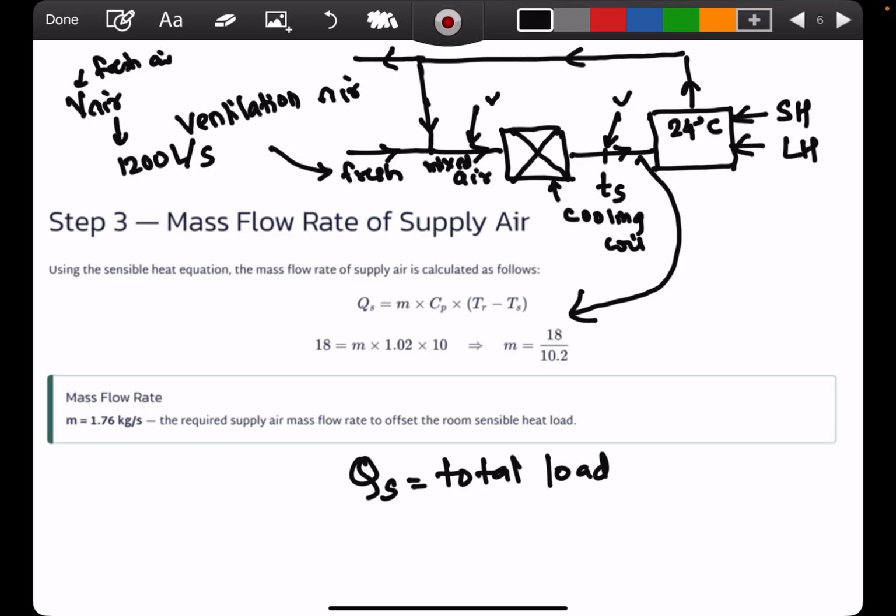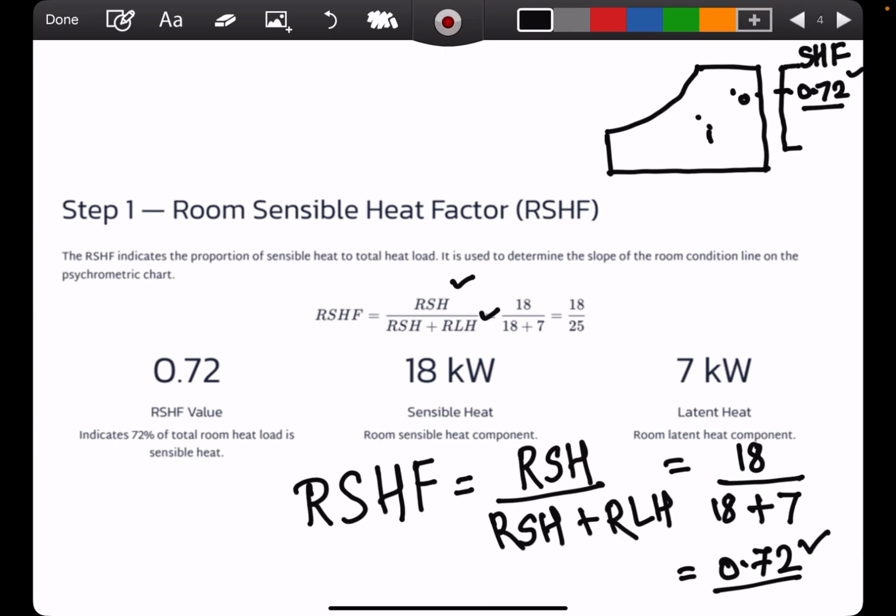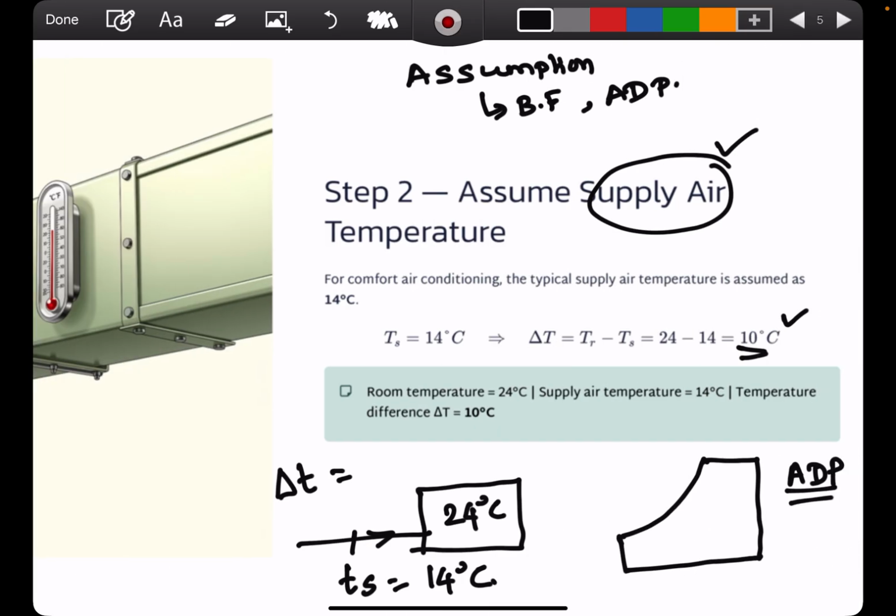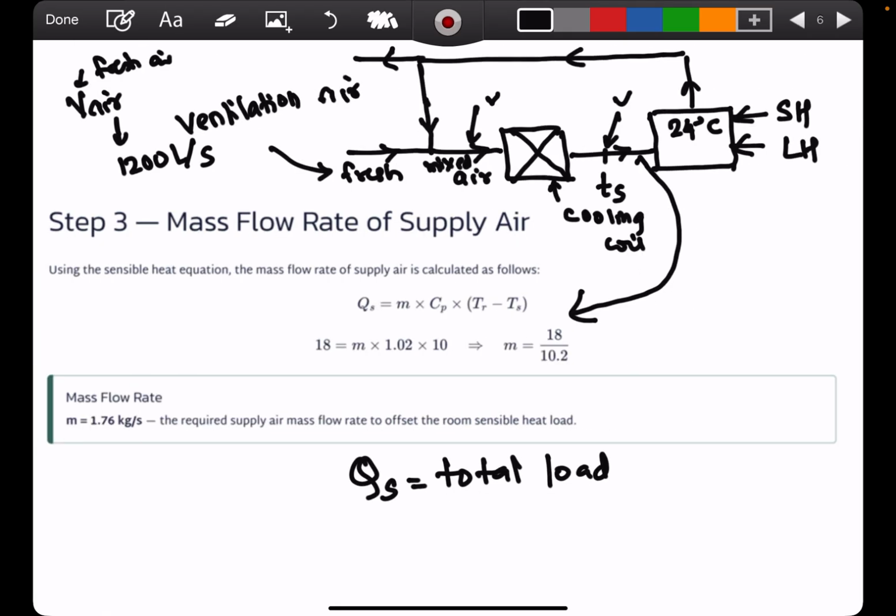Sensible load was taken as 18 and the latent load was taken as 7. So 18 plus 7 is 25. So 25 into m dot into HR minus HS. This is one way of doing it, or this is total load.